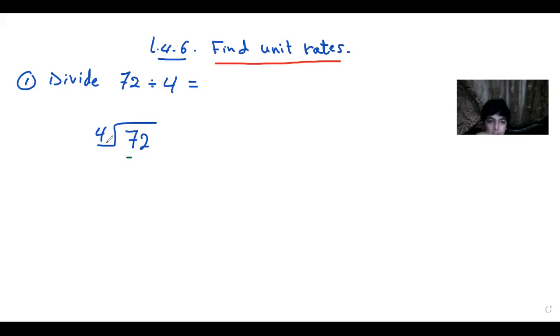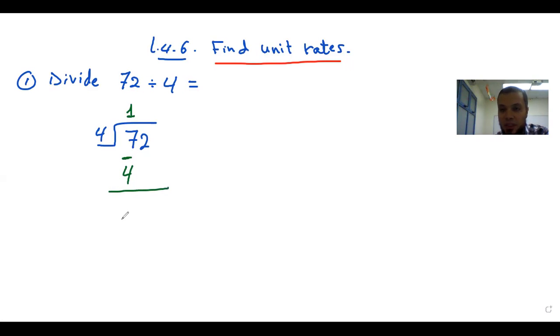So we put 1 on the top. 7 divided by 4 means how many 4s inside 7? 1. And 1 multiplied by 4 equals 4. And you subtract to find the remainder. What is the remainder from 7? 3. So 7 has only one 4 and the remainder is 3.